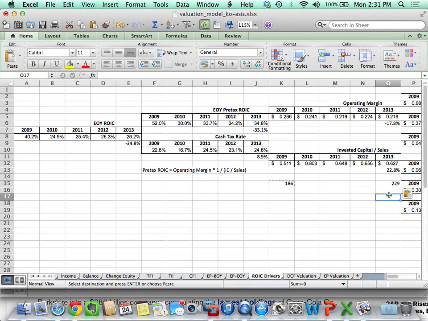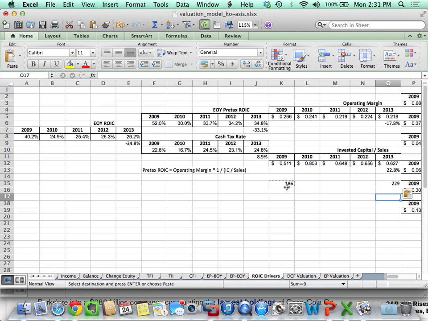So using language we used earlier this semester, Coke is now making 21.8 cents every 229 days, where before they were making 26.6 cents every 186 days. They're taking longer to make the same amount of profit, right?